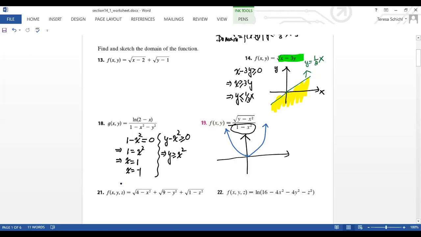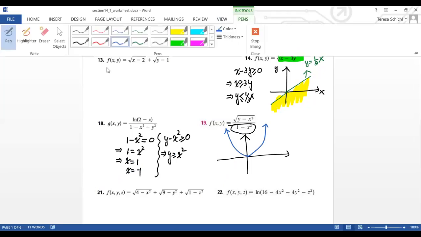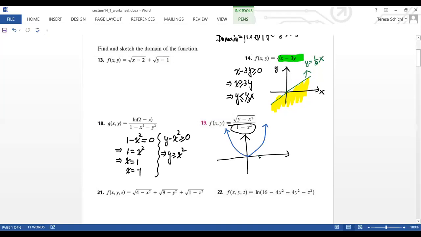But also, x cannot be 1 or -1, because that is where the denominator equals zero, right? So we need to exclude that. This will be 1, this will be -1. So that means these points cannot be there.